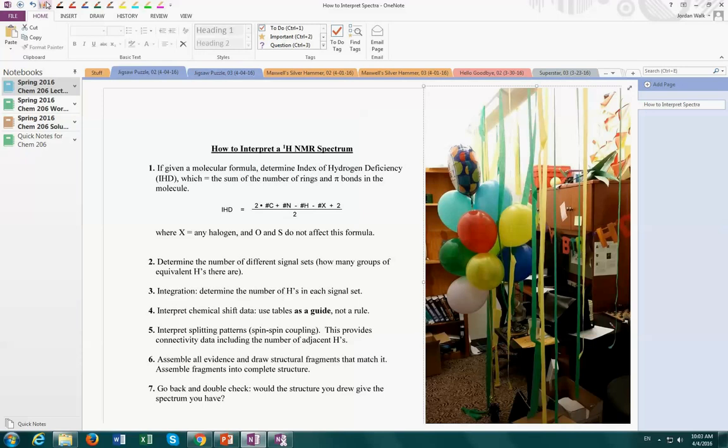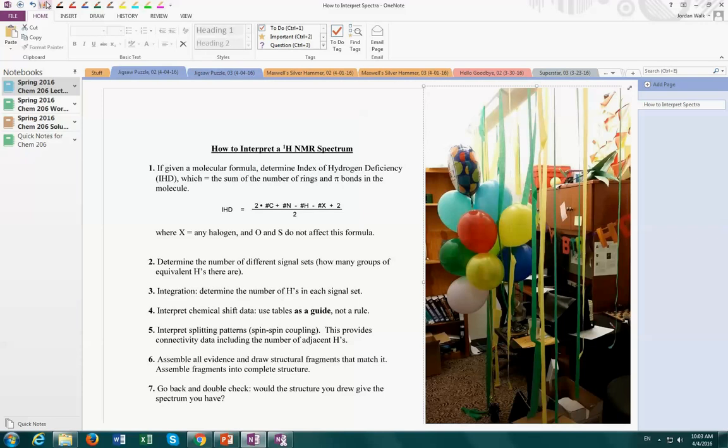So that'll be good. Then we'll determine how many different sets of signals there are, meaning protons that are not equivalent, and so that tells us how many different sets of protons we have. We'll determine the integration, which tells us how many protons basically belong to each signal, so it helps us know how many we're looking for. We'll talk about chemical shift data.